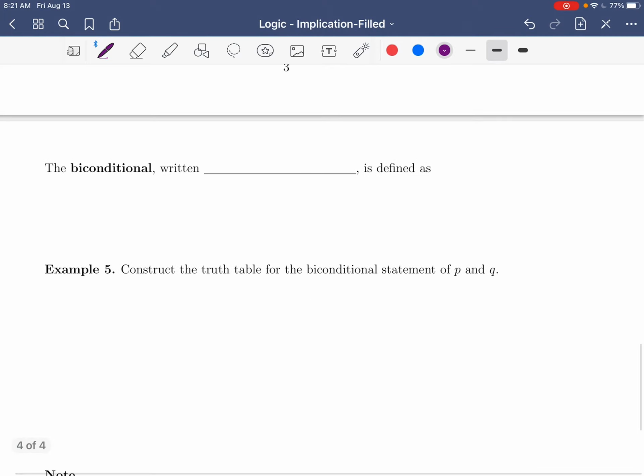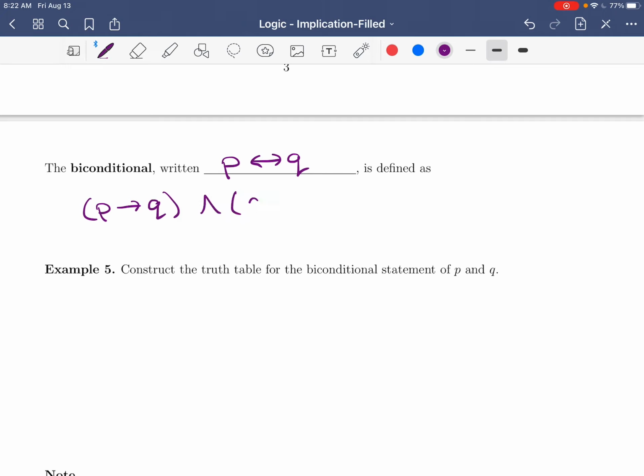The other implication that I mentioned in the first video, the introduction, is this biconditional. That's written P with arrows both ways, Q. You read it as P if and only if Q. What this is defined as is P implies Q and Q implies P. That means I need both of these things to be true because of the and, which we know is going to happen when P and Q have the same truth values.